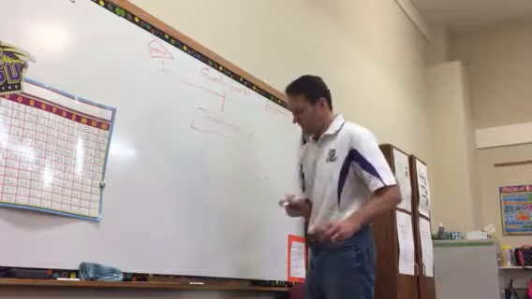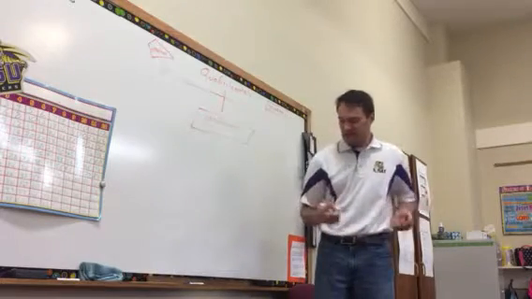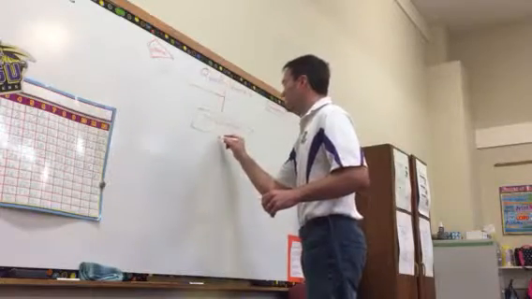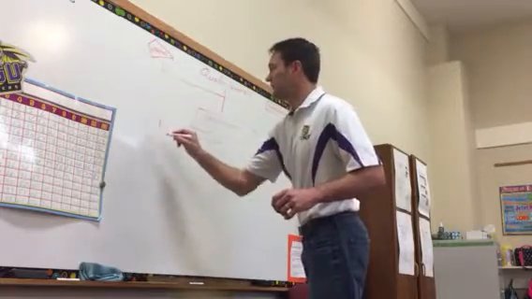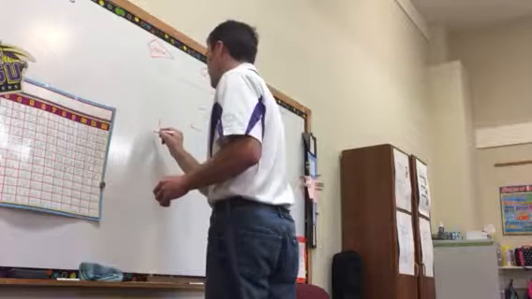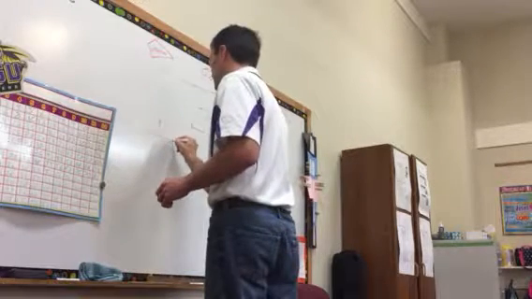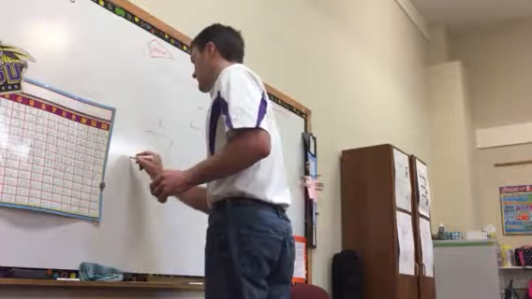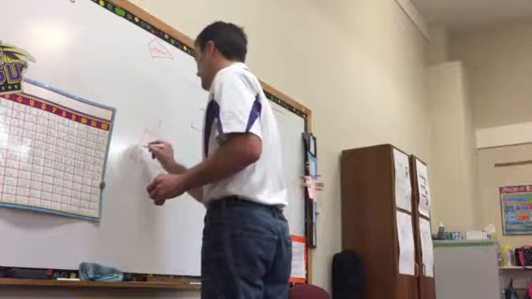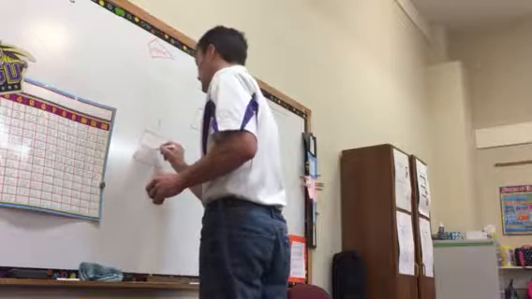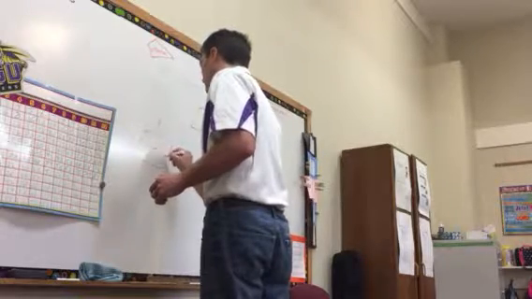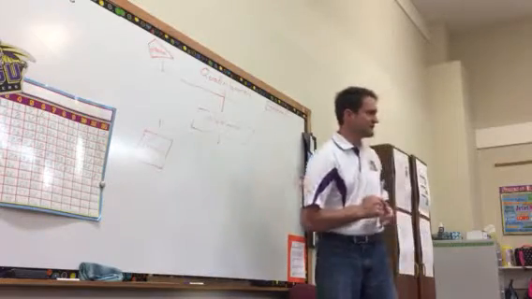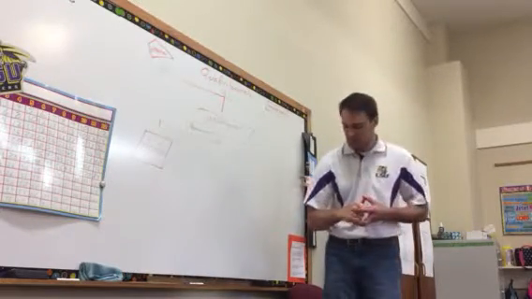Y'all got this. Now, we have different kinds of parallelograms. I could have one like this. I could have a rhombus. That's a fun word. It's my favorite of these quadrilaterals.